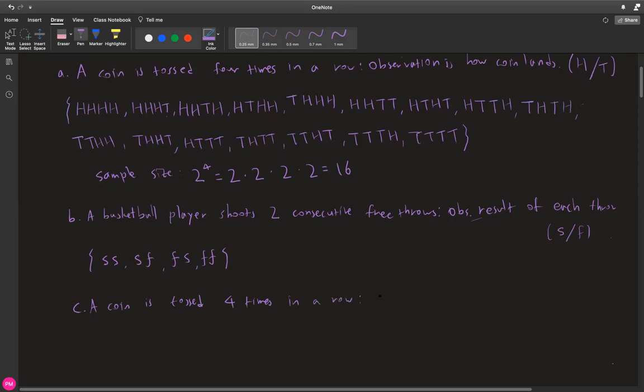And we're observing, let's say, the number of times the coin comes up tails.